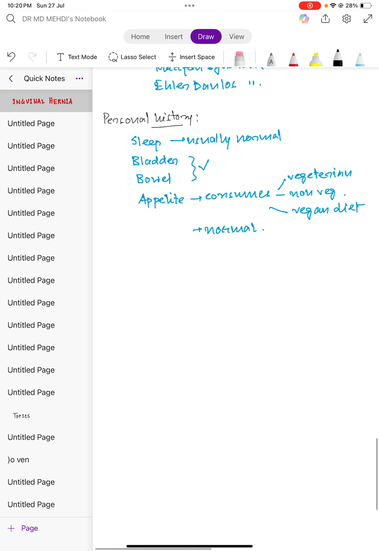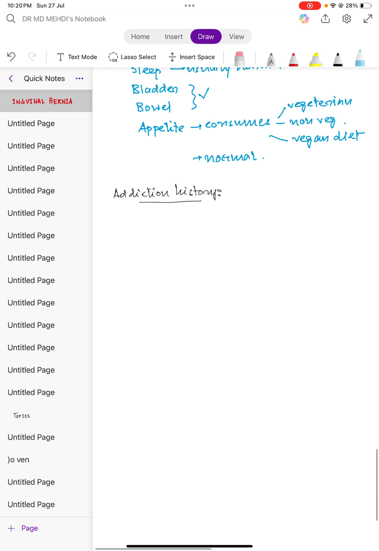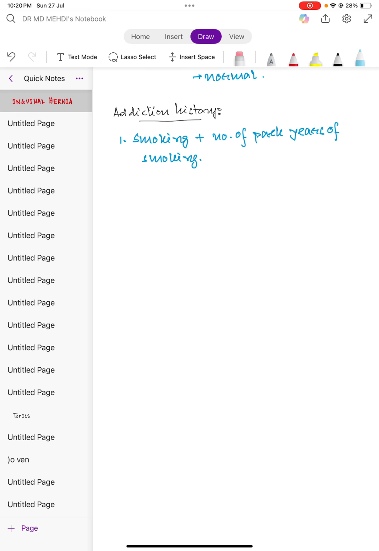After the personal history, we have to go to addiction history. Here addiction history is very important. Why is it important? Because we have to consider whether the patient is a smoker or not. So first we have to write whether the patient is a smoker or not, and also mention the number of pack years of smoking. Now why does smoking cause hernia? The first is that in case of smoking, the patient will develop COPD and there will be chronic cough, and this will lead to hernia.